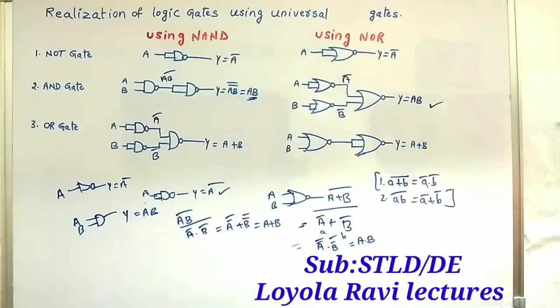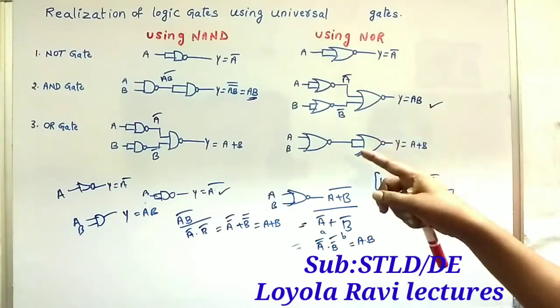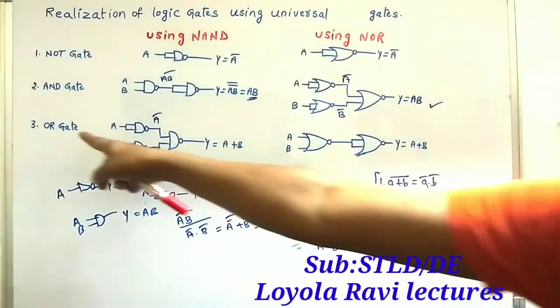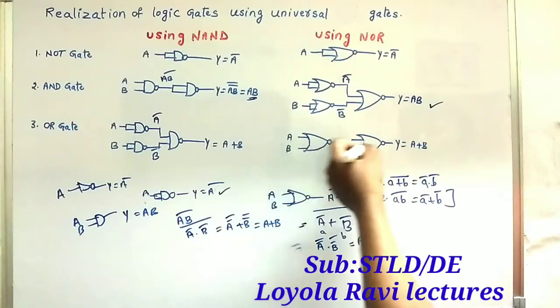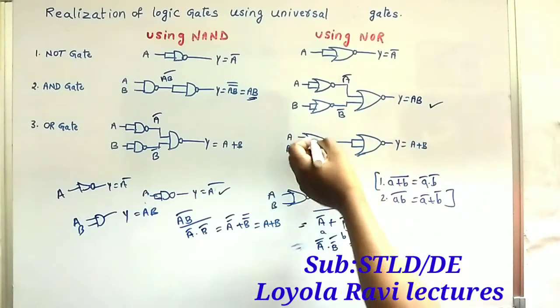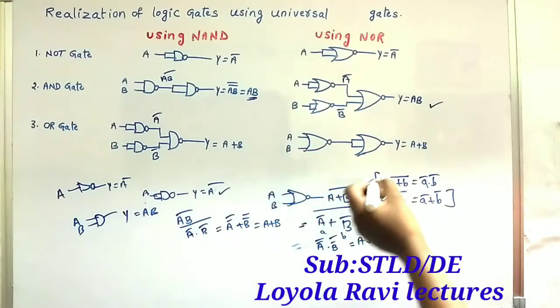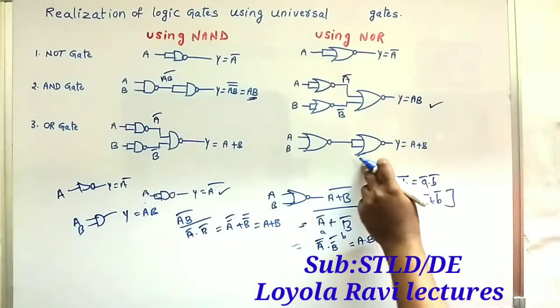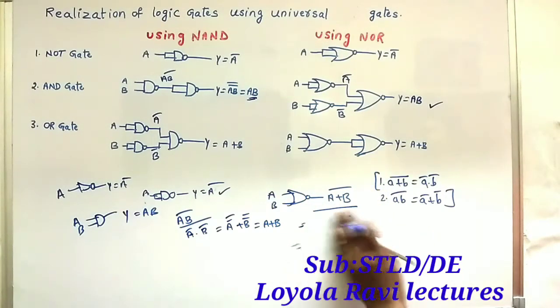Remember that. Similarly, go for the implementation of OR gate using NOR gate. Same, I am taking 2 NOR gates here. One NOR gate gives (A plus B) whole bar and is connected to a NOT gate.